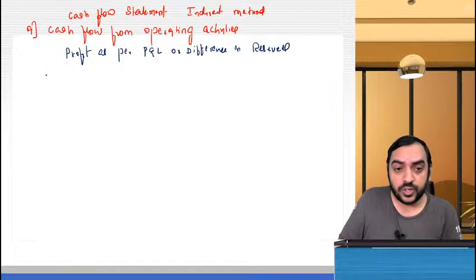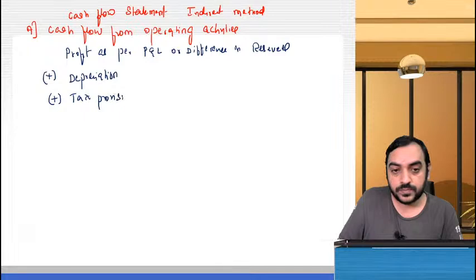Then we do some adjustments like plus depreciation, plus tax provision, plus adjustment for working capital. There might be some profit and loss items also, so leave 2-3 more lines.